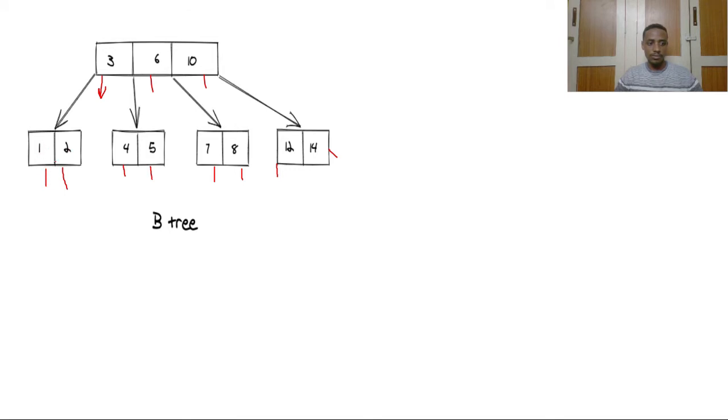So 2, 3, 4, 5, 7, 8, 12, and 14 will point to the data record. Those are the pointers or key values that point to the data table. As we see here, key values are not arranged in sorted order. These are mixed up between the leaves and the root node.